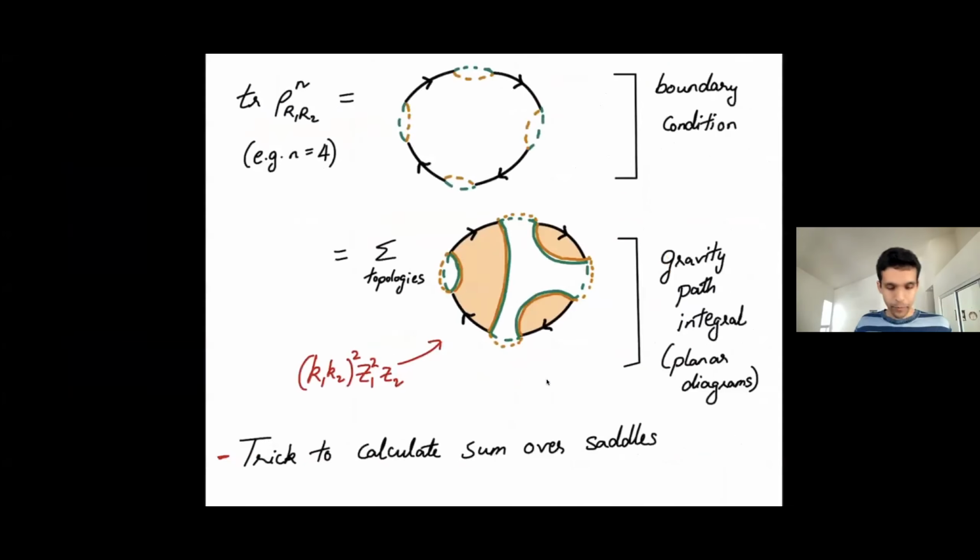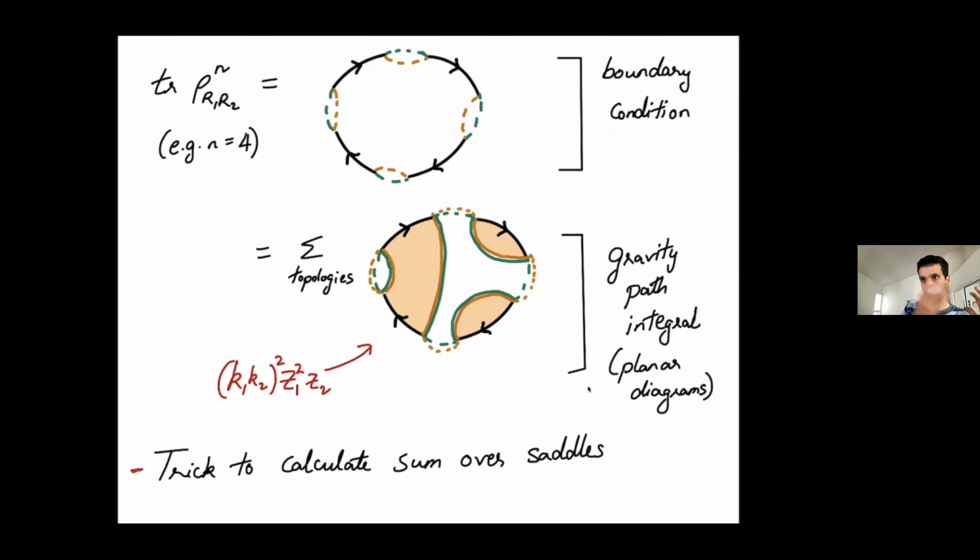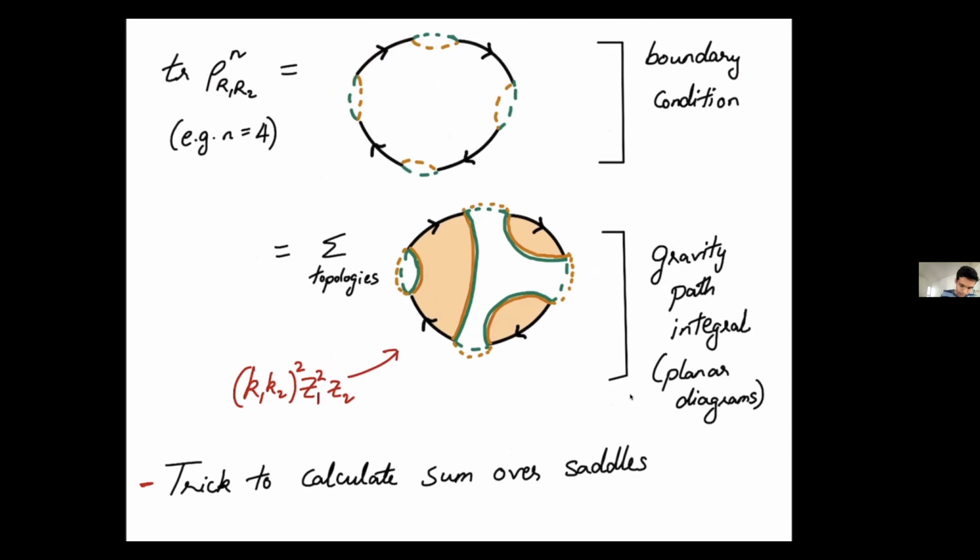Good. Okay, in order to compute this square root, the trick we'll employ is the replica trick. We can first consider powers of this density matrix. If we want to compute the trace of rho R1 R2 to the n, here let's say n equals 4, then we take the matrix elements that we computed, each of them computed by one of these diagrams, and glue them together cyclically to implement the matrix multiplication, and then trace over it.